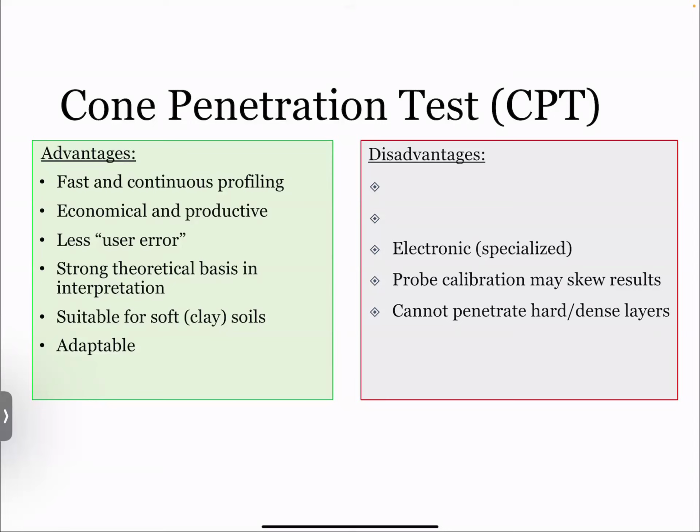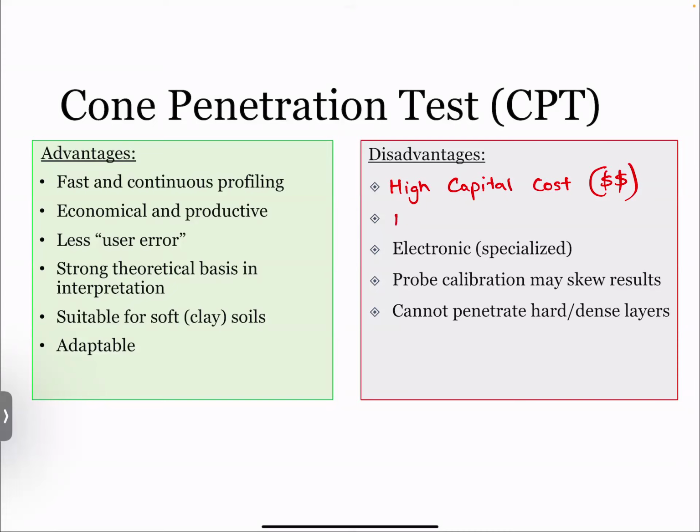The disadvantage is it has a very high capital cost, or overhead cost. It's much more expensive to buy or to mobilize, but then you usually get a little bit more testing done because you can do like 5 boreholes in one day where you would normally only do 1 for this.